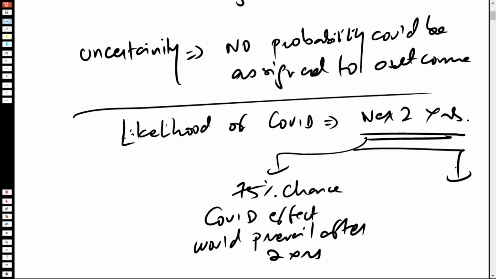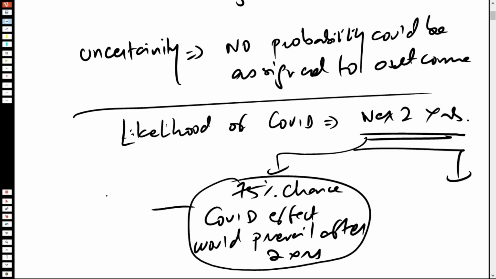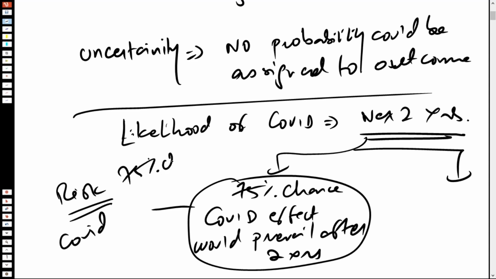So that means you are facing a risk: there's a 75% chance of COVID remaining after 2 years.